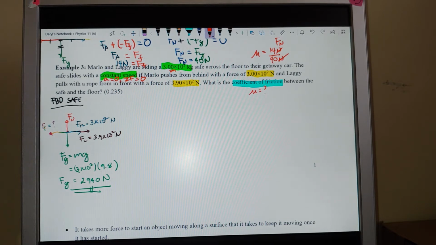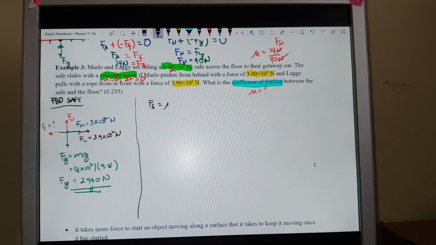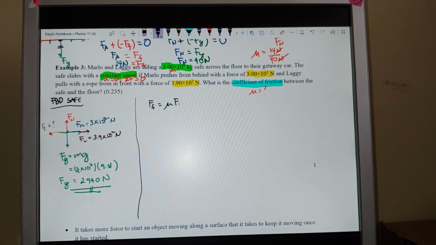To start with our solution, we know that mu is part of the friction equation. The magnitude of the frictional force is given by mu multiplied by the normal force.